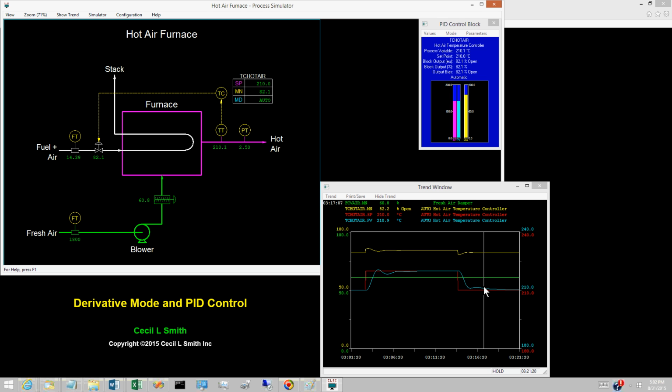For a large margin of stability, no oscillations are present. Our example illustrates the ability of derivative to cause oscillations to decay more rapidly. PI versus PID: the direct effect of derivative is to increase the margin of stability.